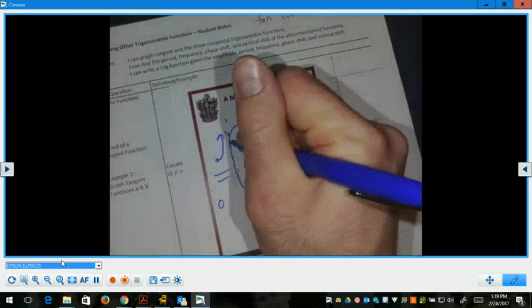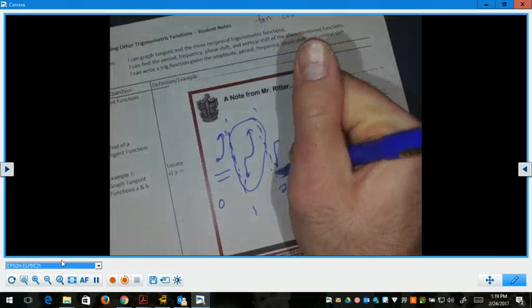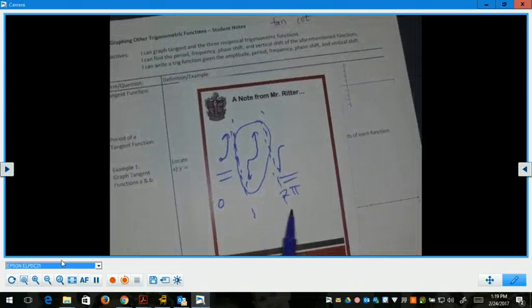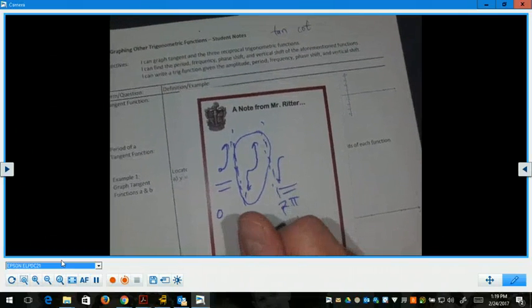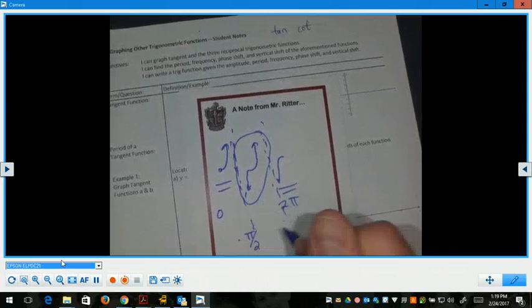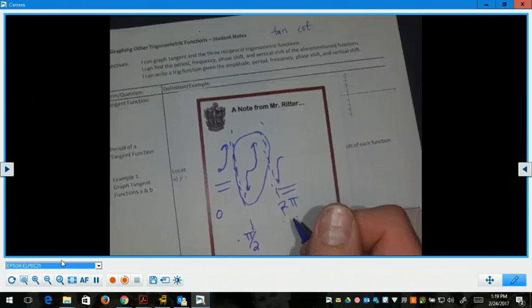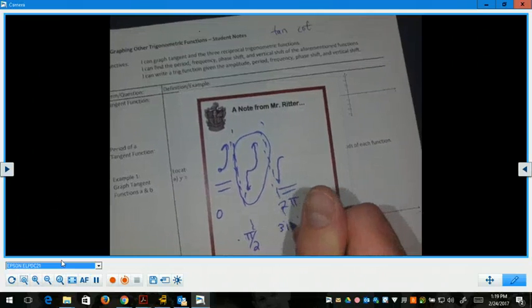So where do you think I should actually start for the first period of tangent? It has these asymptotes, right? Where do those occur again? Pi over 2, right? And where else on the unit circle? 3 pi over 2.